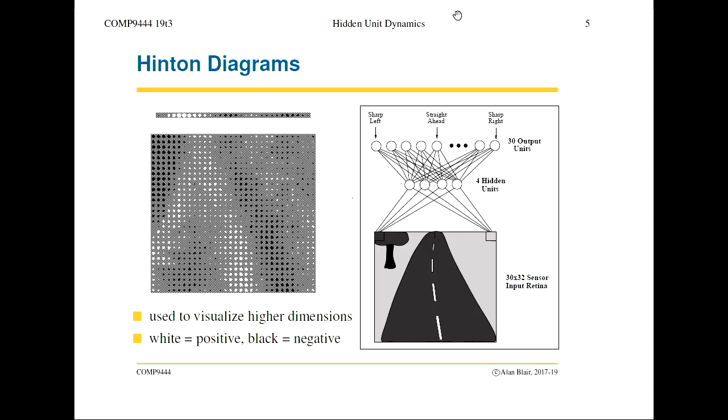And the line at the top represents the hidden to output weights, again for the same hidden unit. You see there are 30 outputs, so you've got 30 numbers there. So if this unit is very active, then it means that the network would be likely to steer strongly to the left.